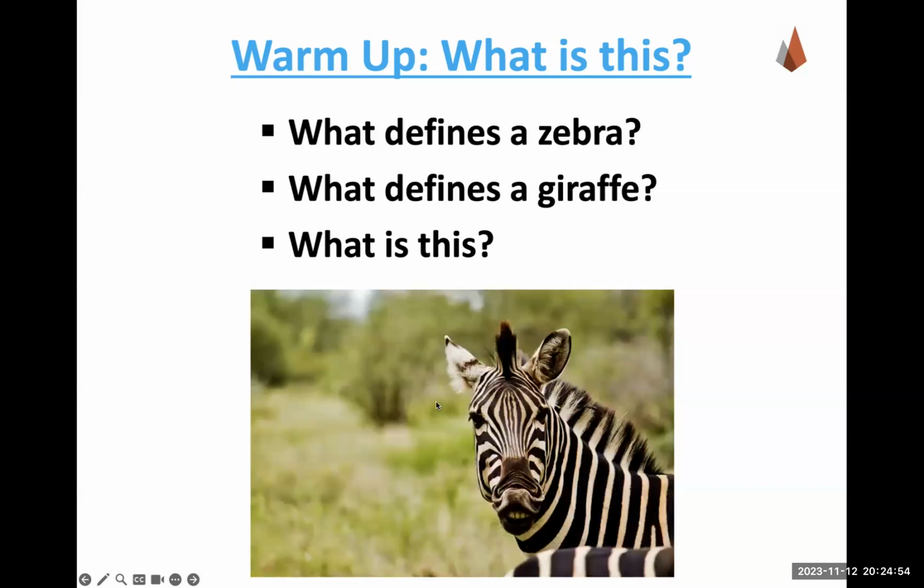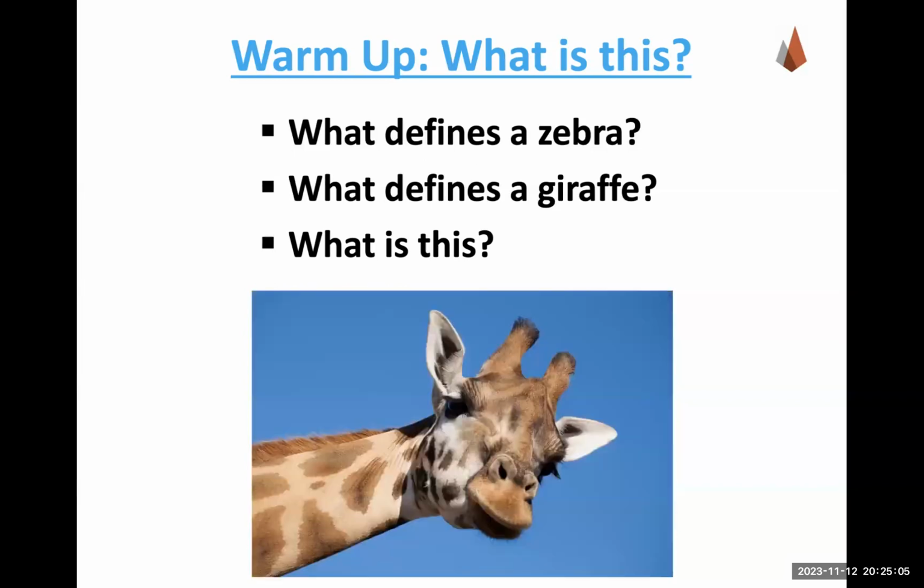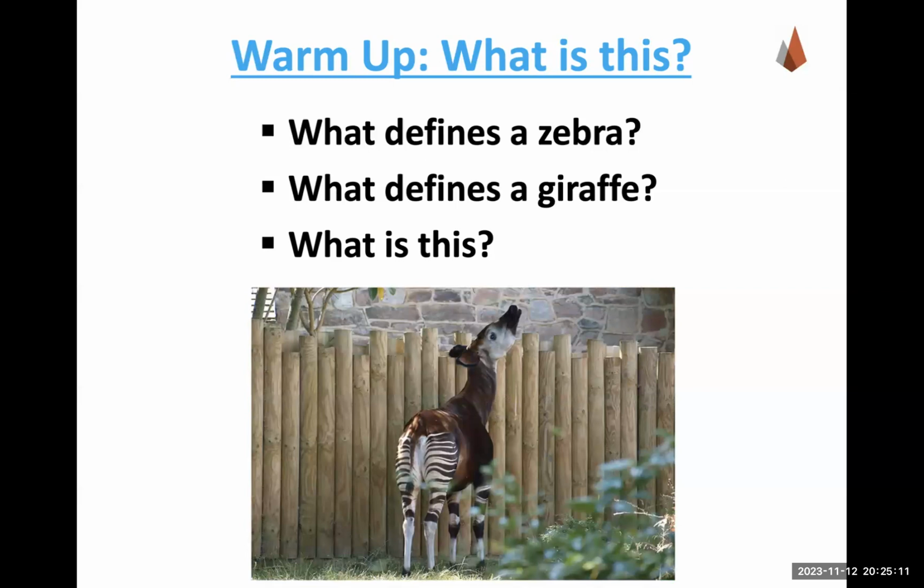What is this then? Maybe that's more like what you were thinking about, my zebra. How about this one? That's a giraffe. Okay, what is this? This is a picture of an okapi.